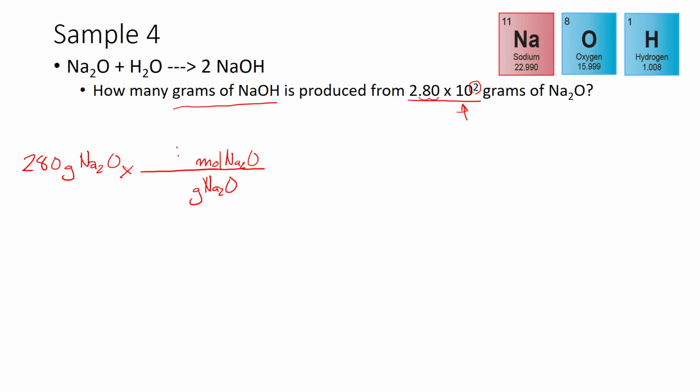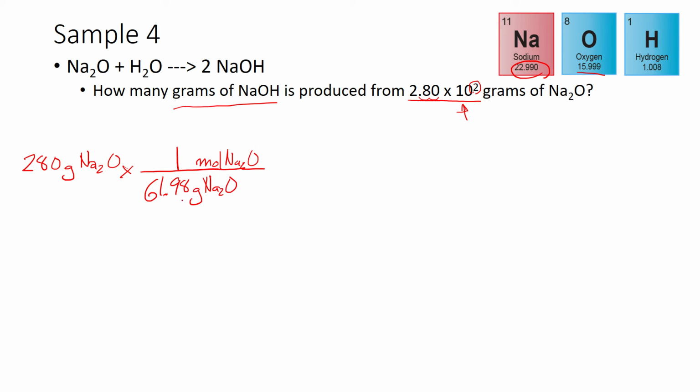I know that every 1 mole, right, the 1 and the molar, they're kind of married together, is equal to 61.98 grams. Where did I get that funky number? Well, there are 2 sodiums, so like 23 and 23, that's like 46 plus another 16 is like 62-ish, right?